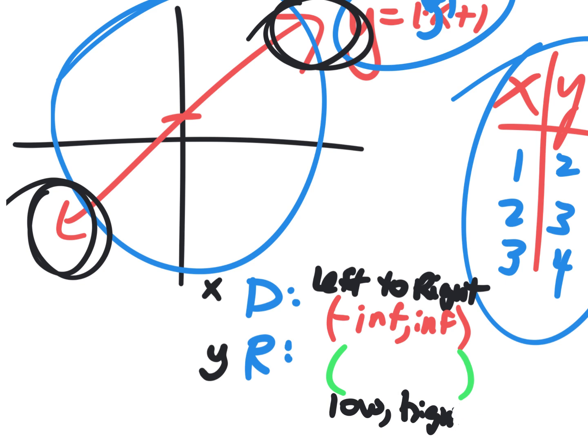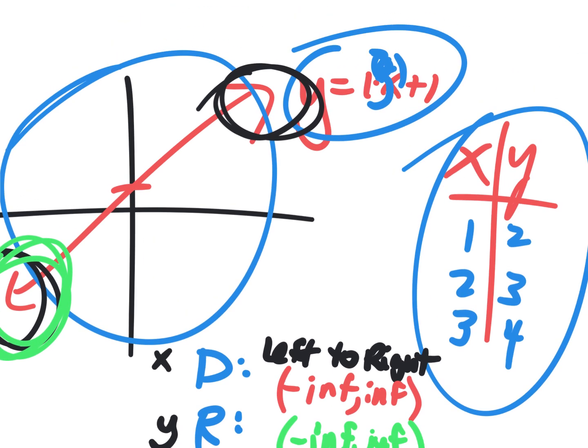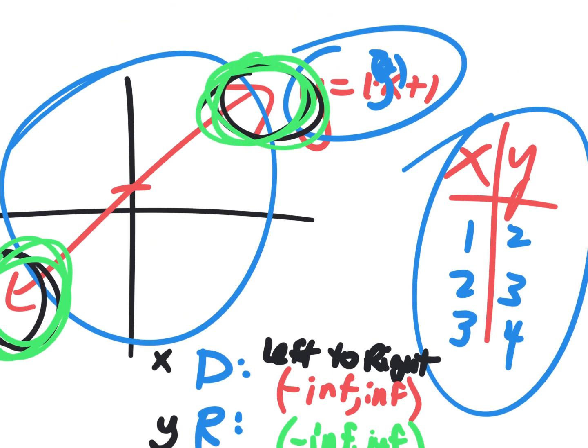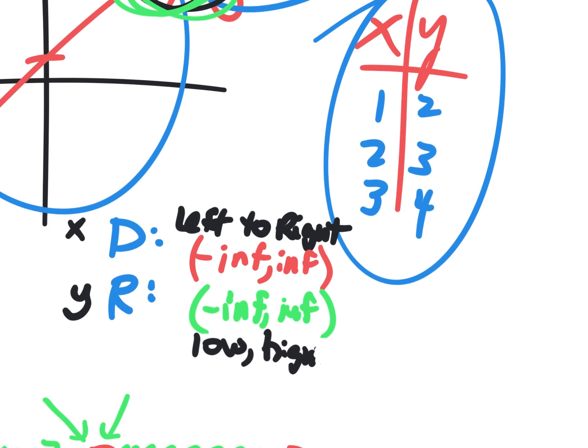And that is from negative infinity to positive infinity again. Because the lowest that this graph would go, it would go infinitely low. And the highest this graph would go, if I extend it out, would be infinitely high. So the domain and range of this thing were negative infinity to positive infinity, both of them.